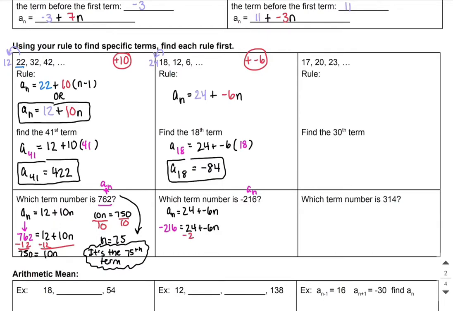I'm starting by subtracting 24 on both sides to get that negative 6n by itself. That's equal to negative 240. So negative 6n is equal to negative 240. I'm dividing both sides by negative 6 to get the n by itself, and then I find that n is equal to 40, which means it's the 40th term.